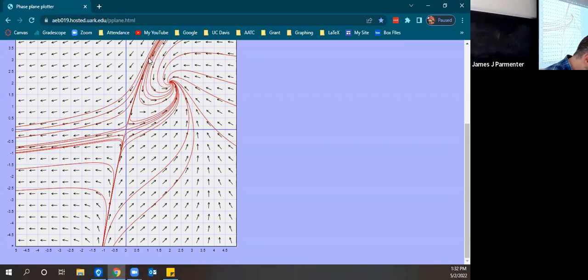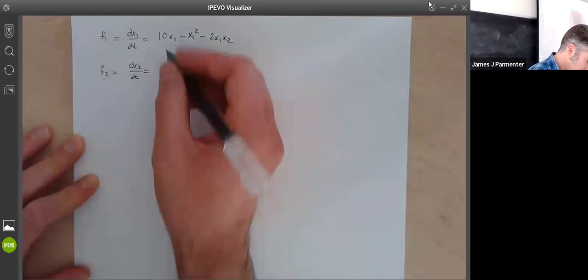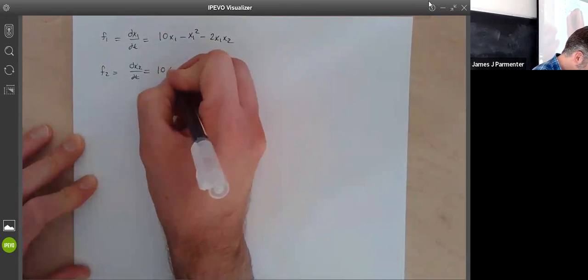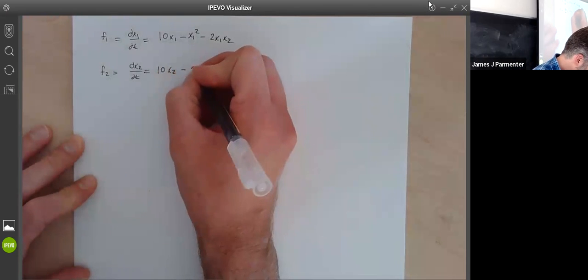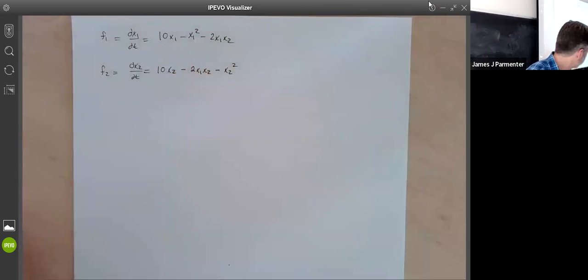And then f2 is going to be dx2/dt, which is 10x2 minus 2x1x2 minus x2 squared.